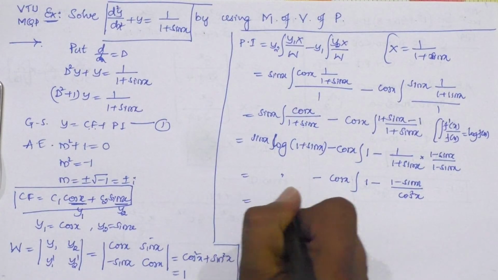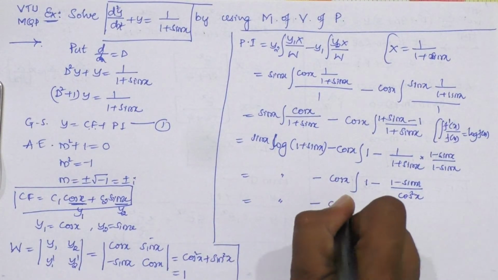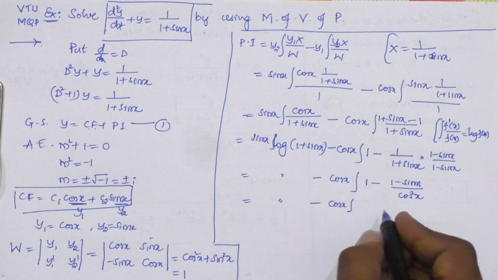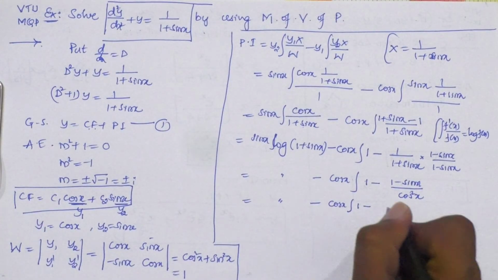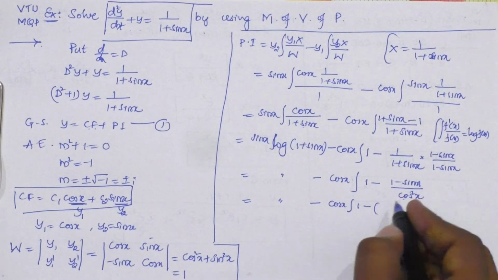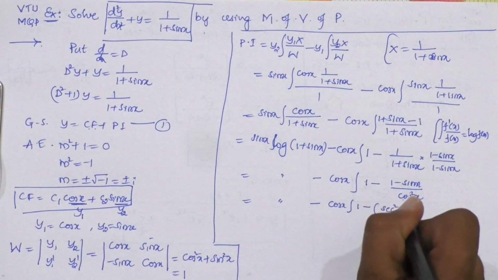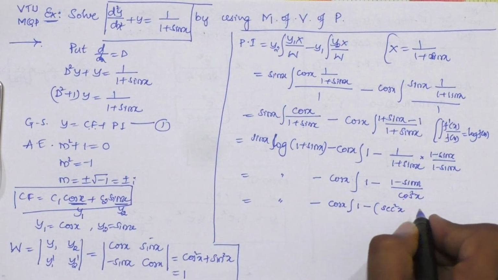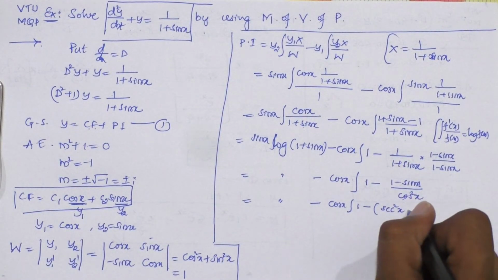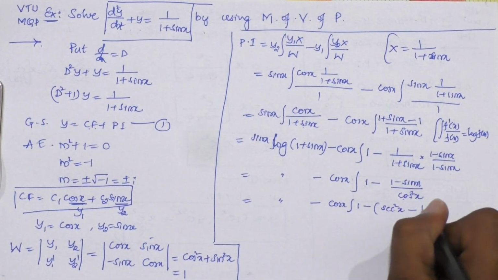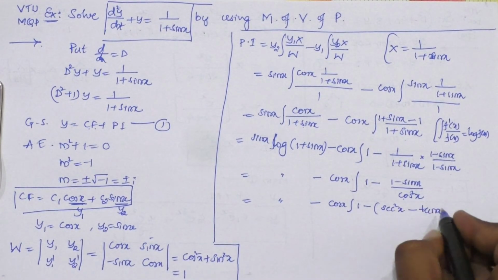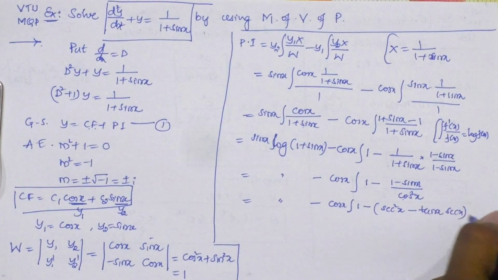Now the first term as it is, minus cos x times the integration of 1 minus, here we have 1/cos², which is sec² x. Next, sin/cos², which is sin/cos, that is tan x, into 1/cos, that is sec x.